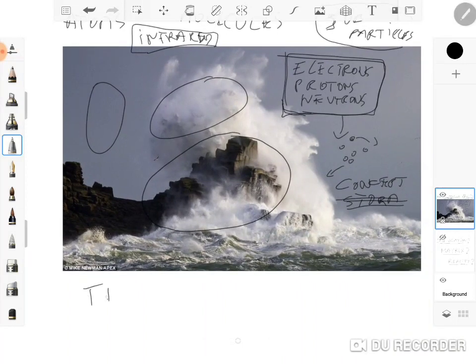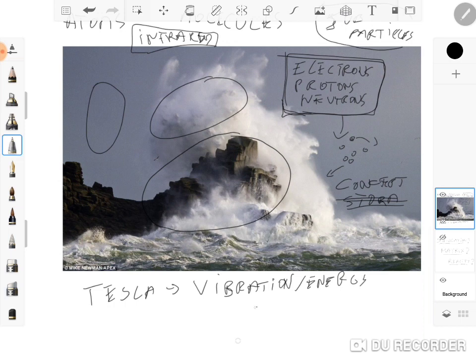Nikola Tesla said that everything is just vibration, energy, which is one and the same thing actually, because if you take a wave, any wave, it contains at the same time energy and information.